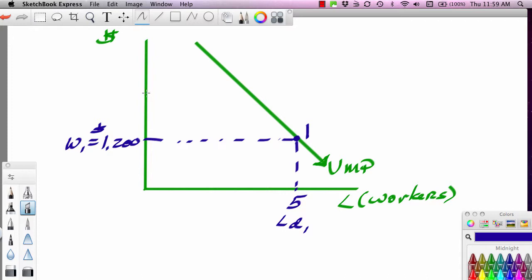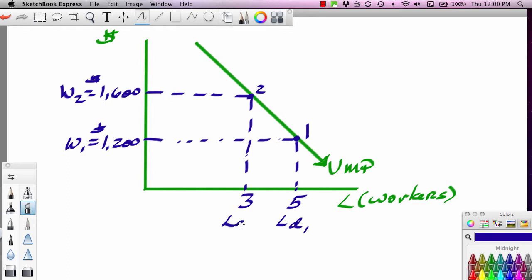But if the wage rate is increased up to $1,600, the firm only wants to hire how many workers? The firm only wants to hire 3 workers. LD decreases. We go from LD1 to LD2. So as the wage rate increases, labor demanded decreases.